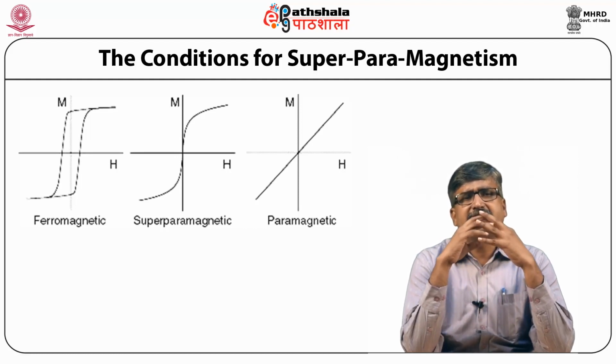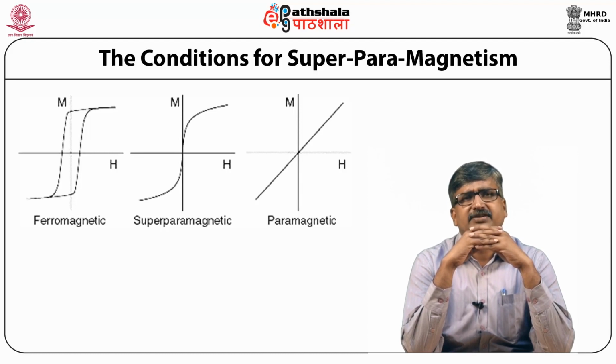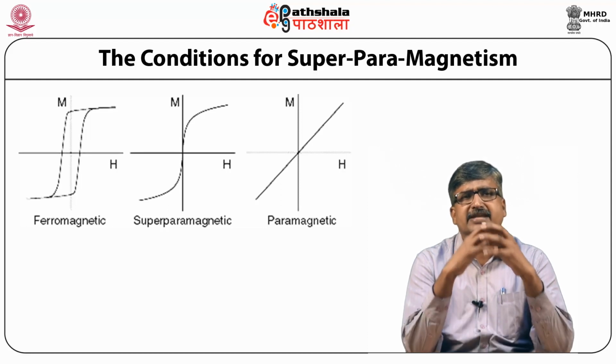The typical time between two flips is called the Néel relaxation time. In the absence of an external magnetic field, when the time used to measure the magnetization of the nanoparticle is much longer than the Néel relaxation time, their magnetization appears to be zero on average. They are said to be in the superparamagnetic state.